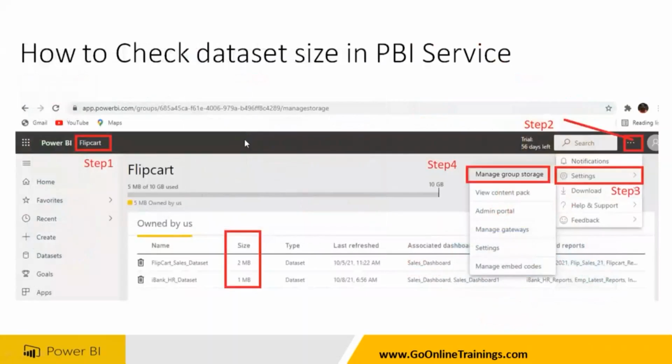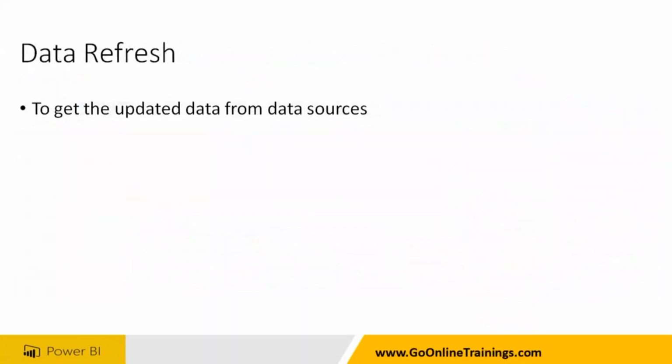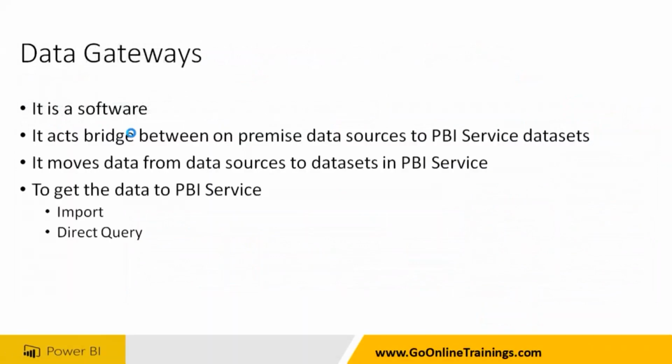Now, we have spoken about the data refresh purpose. Normally, we have to use the data gateways. It is a bridging software between on-premise and the cloud. This is very, very important. This phrase you have to use in your interview: on-premise to where? Power BI service.